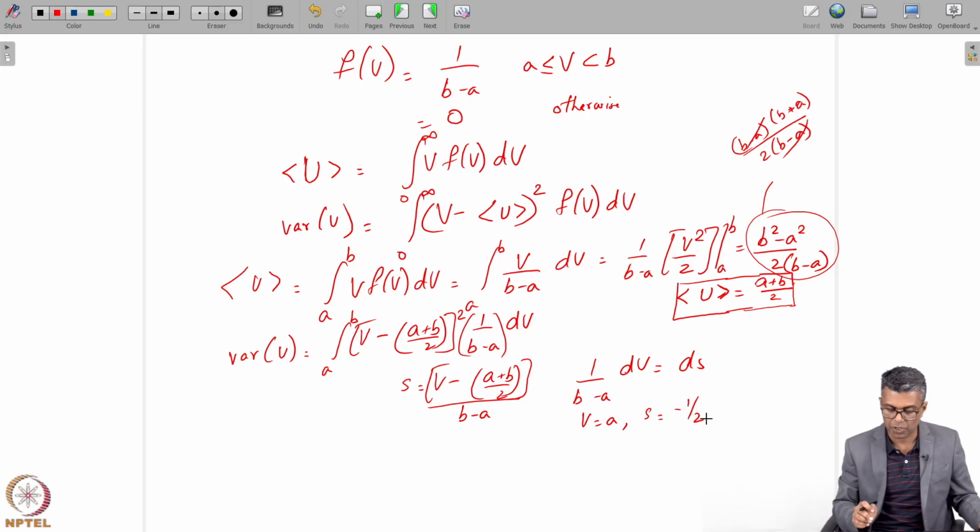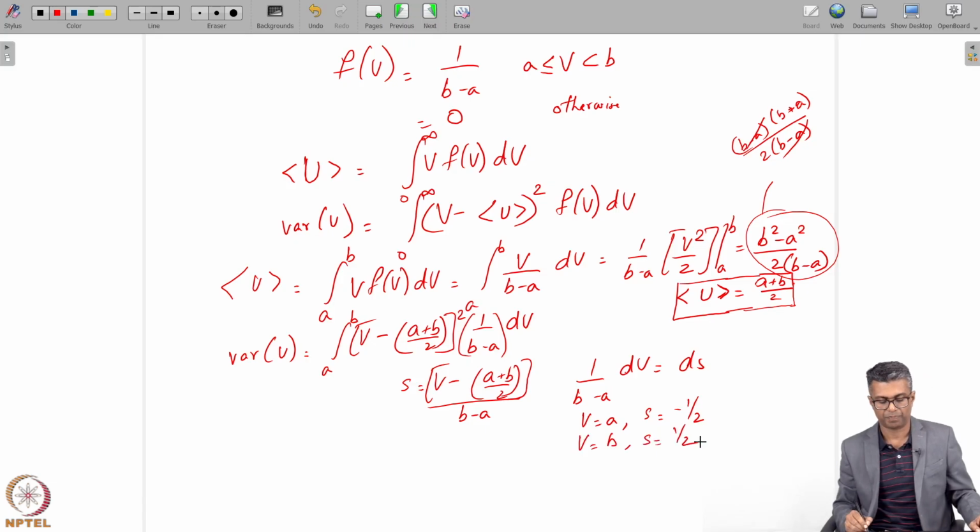You just have to substitute v is equal to a in here, and you will have (a − (a + b)/2) divided by (b − a). So that would be minus half, because a − (a + b)/2 becomes (a − b)/2, divided by b − a, so s becomes minus half. When v is equal to b, s is equal to plus half.